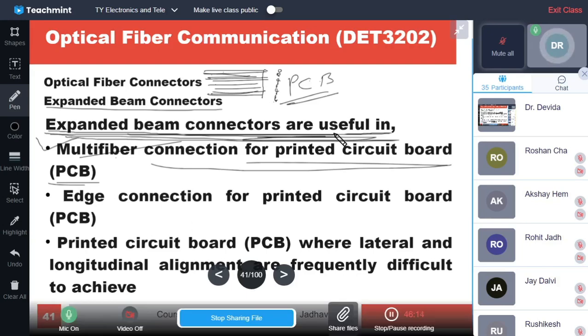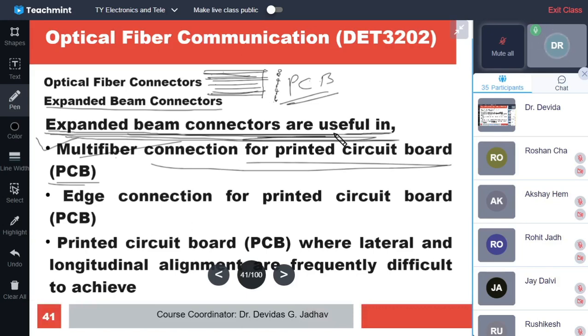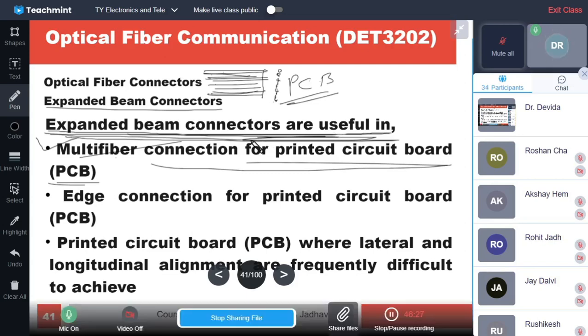This multi-fiber connector connects with a ribbon-like fiber structure, which can be connected with this connector. So for multi-fiber connection on a printed circuit board, expanded beam connectors are required.